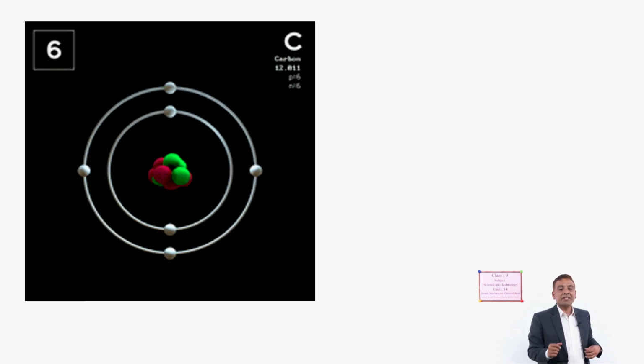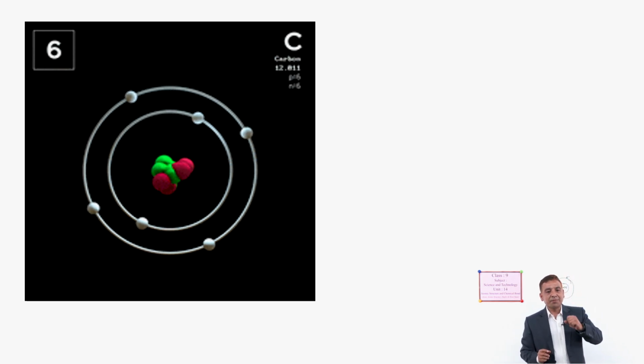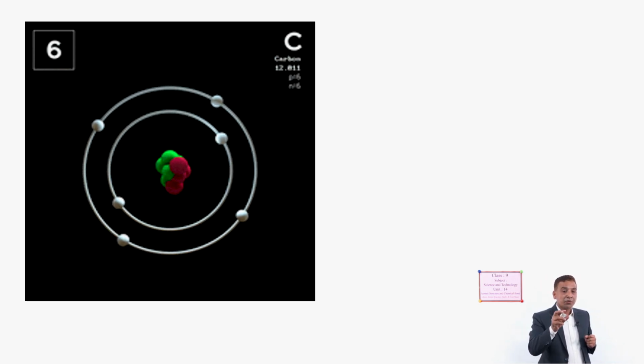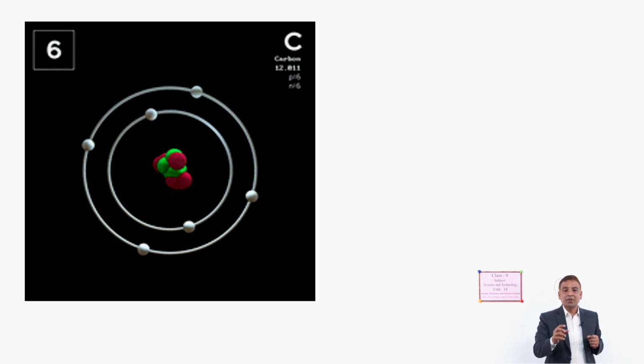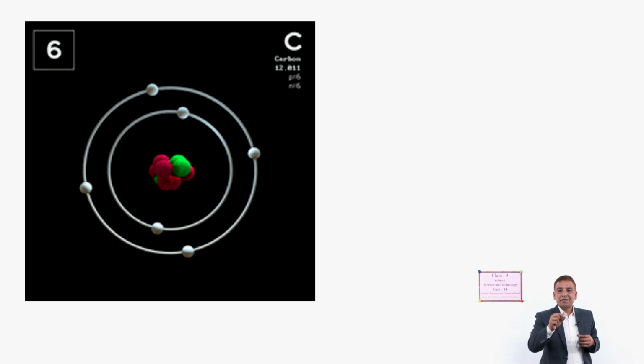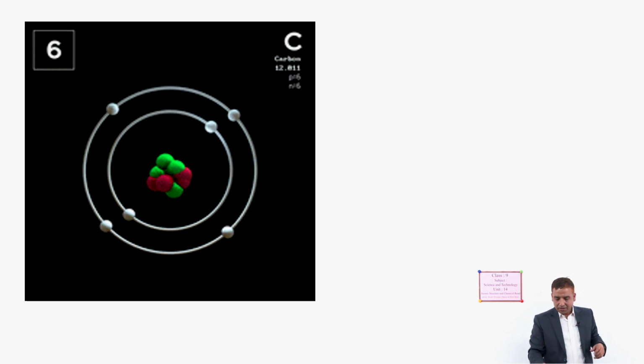So, the total number of electrons present in the carbon atom is 6, and if you count the total number of protons and neutrons at the nucleus, you can see there are altogether 6 protons and 6 neutrons, found at the center of the atom.